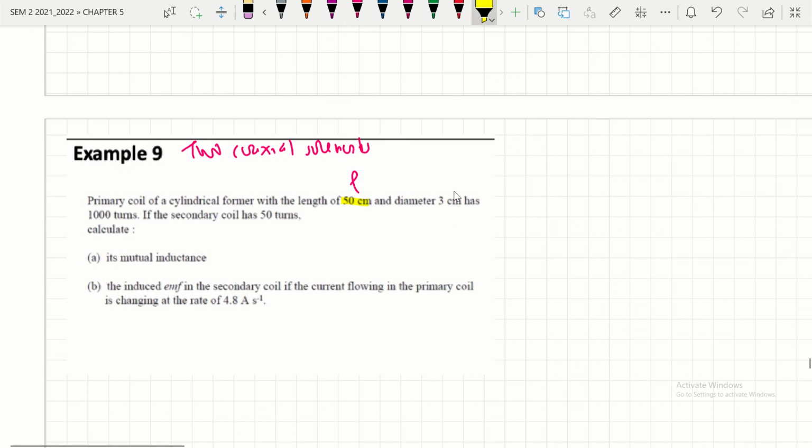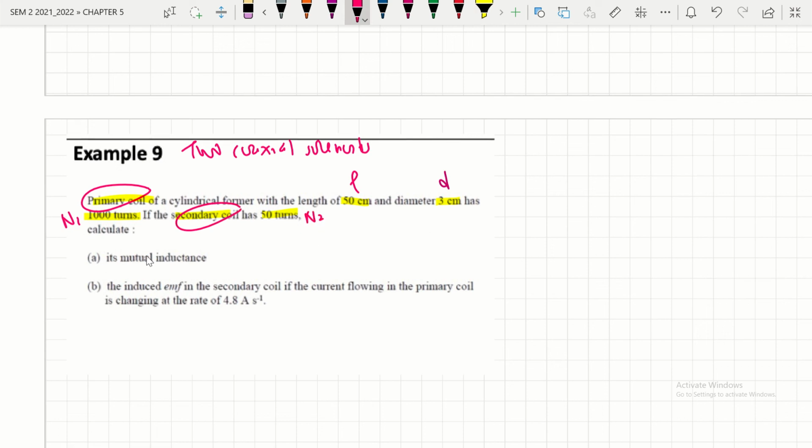The diameter is 3 cm, and the primary coil has 1000 turns, which I will label as N1. The secondary coil has 50 turns, which I will label as N2.